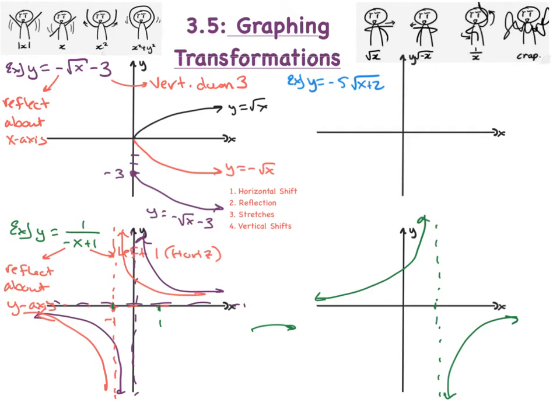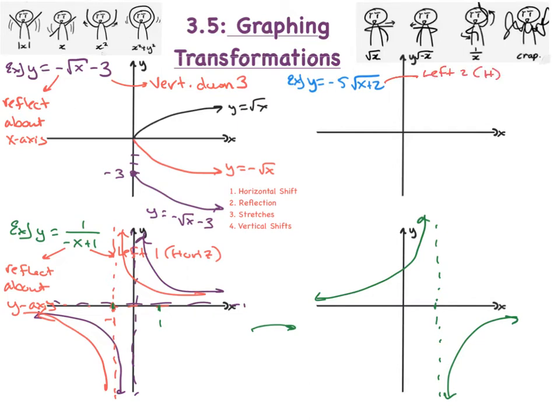Again, we have our fabulous square root function here. That's the rainbow function, half the rainbow. And we have three things happening to it, actually. We have the +2, which is a horizontal shift, so that will move it to the left 2.